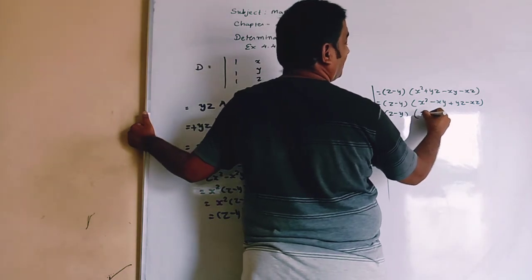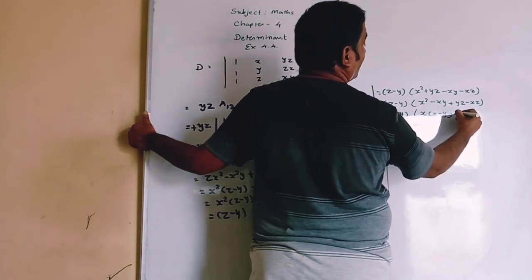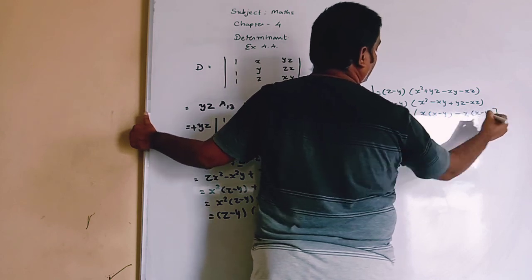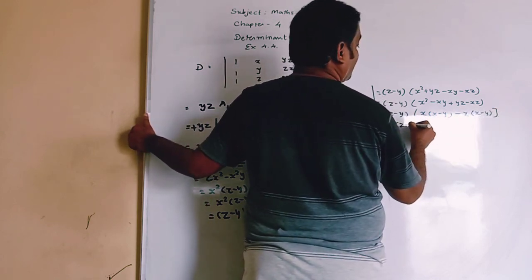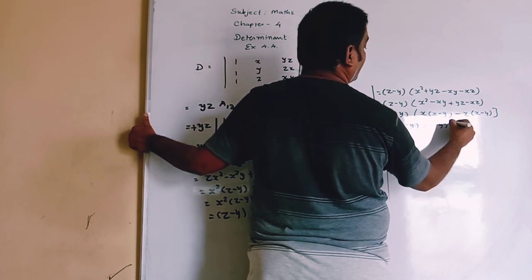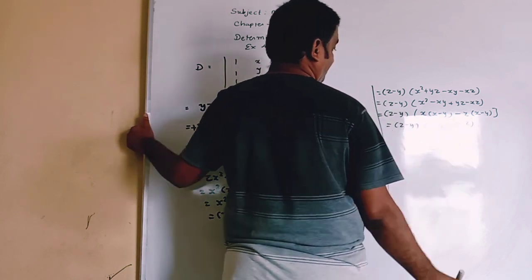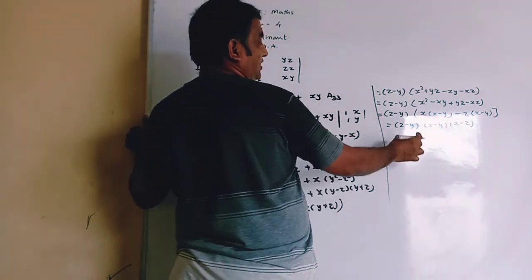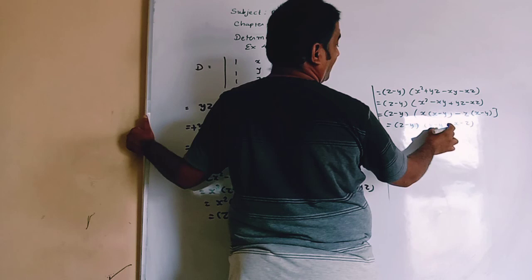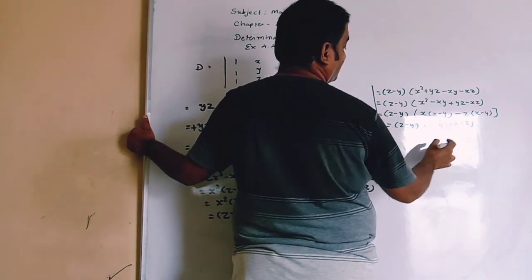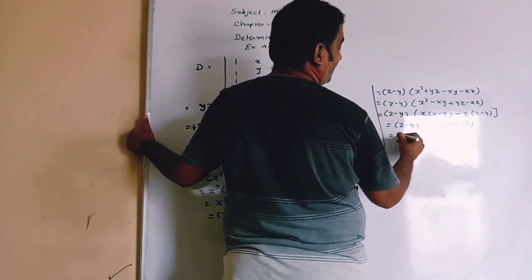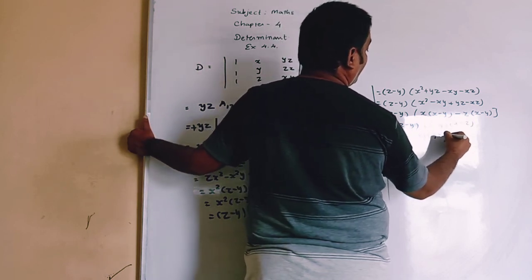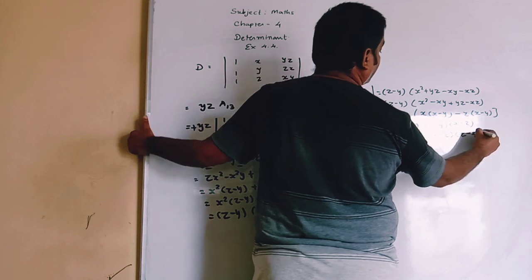Here x is common, x minus y, and minus z common, then x minus y. So we get z minus y, x minus y common, x minus z. So the answer is z minus y, x minus y, x minus z. Taking minus common from one term, we can write it as x minus y, y minus z, and z minus x.